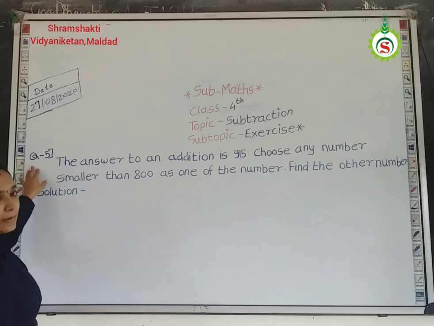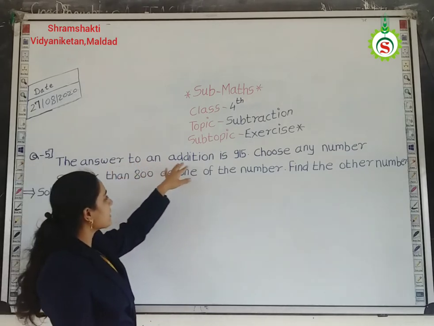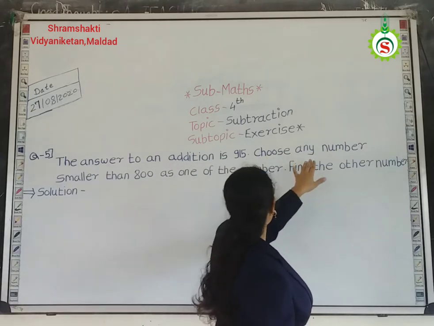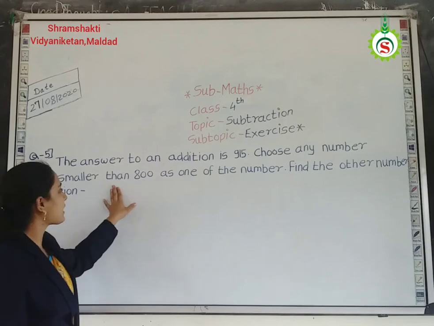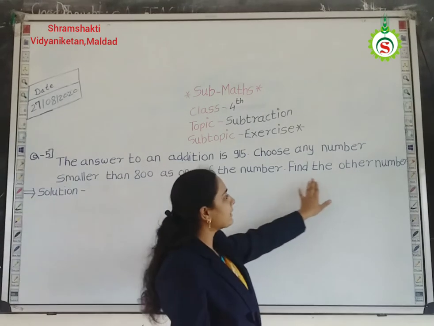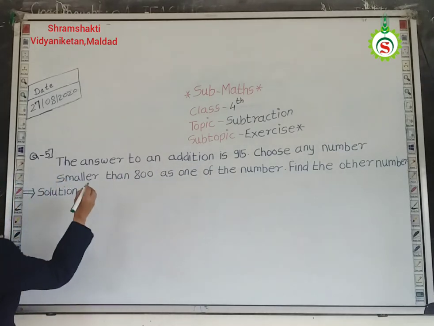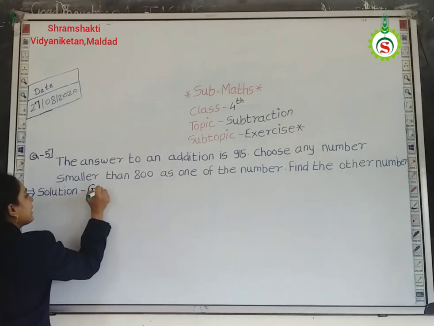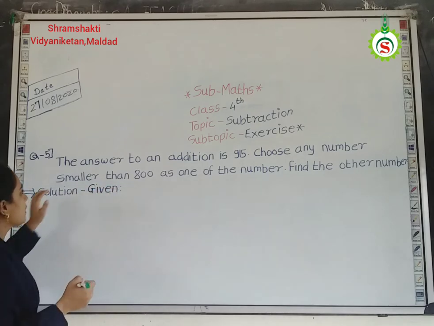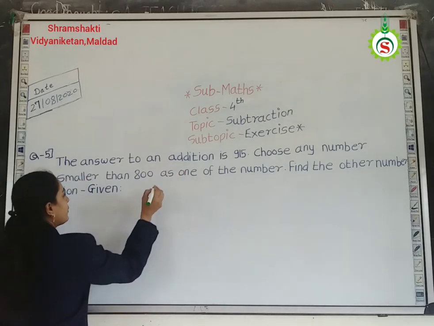Students, question number 5. Read this question. The answer to an addition is 915. Choose any number smaller than 800 as one of the numbers and find the other number. Here we first write what is given in the example. Here the answer to an addition is 915.